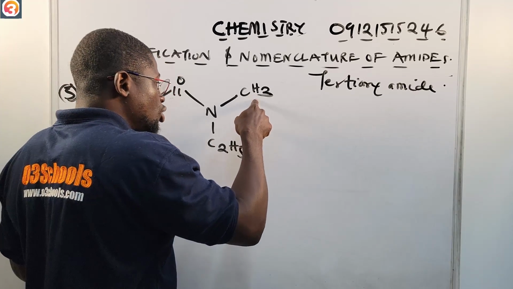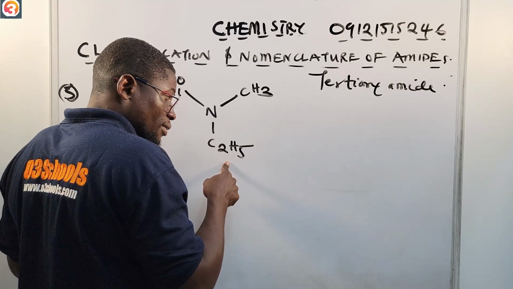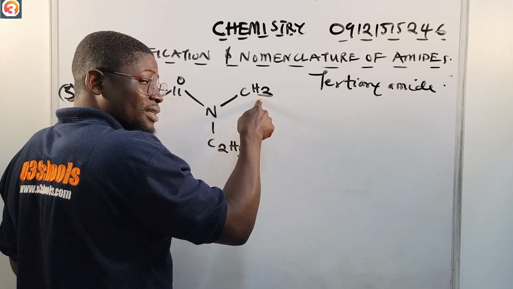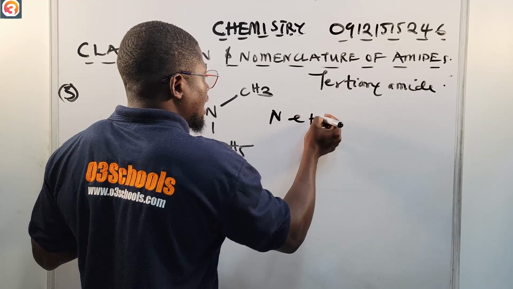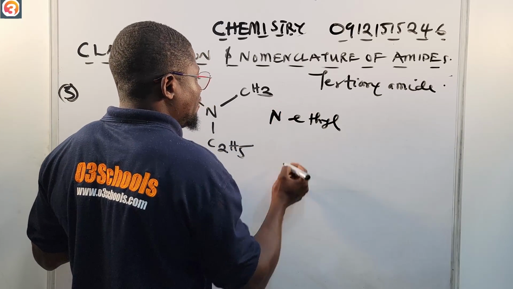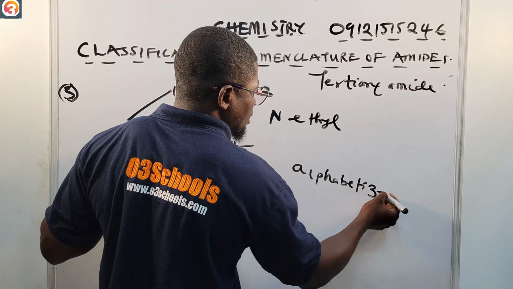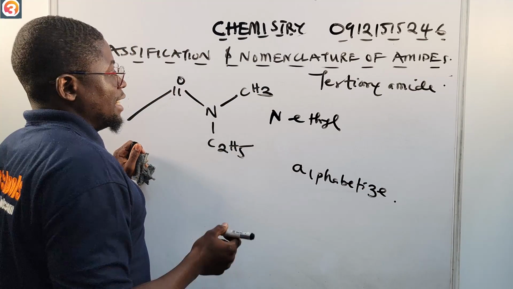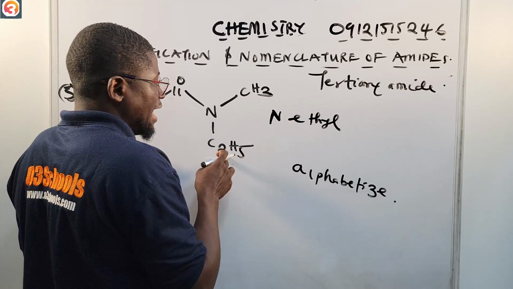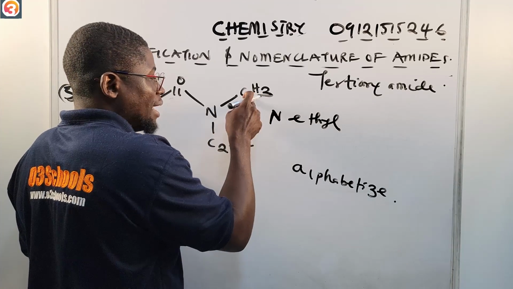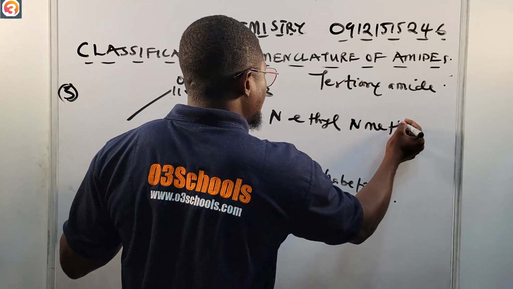So should we say N-methyl first before N-ethyl? Okay, we're supposed to say N-ethyl first, because we have to alphabetize. So we're going to have N-ethyl because ethyl, E comes before M. So I'm going to have N-ethyl, then N-methyl.